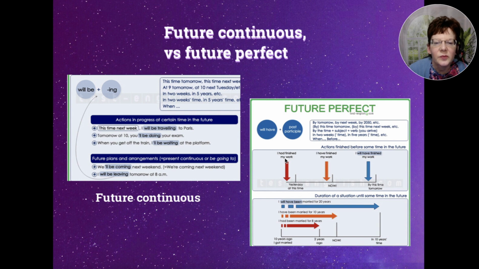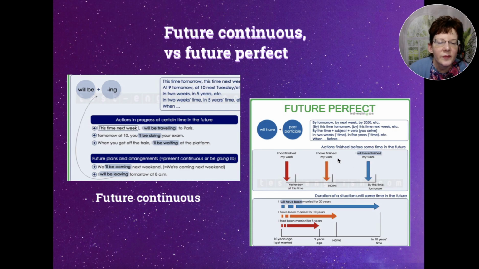I had finished my work, right? For example, yesterday at this time. Here is present perfect. I have finished my work recently or now. And then future perfect right here. I will have finished my work. And the time expression, by this time tomorrow.